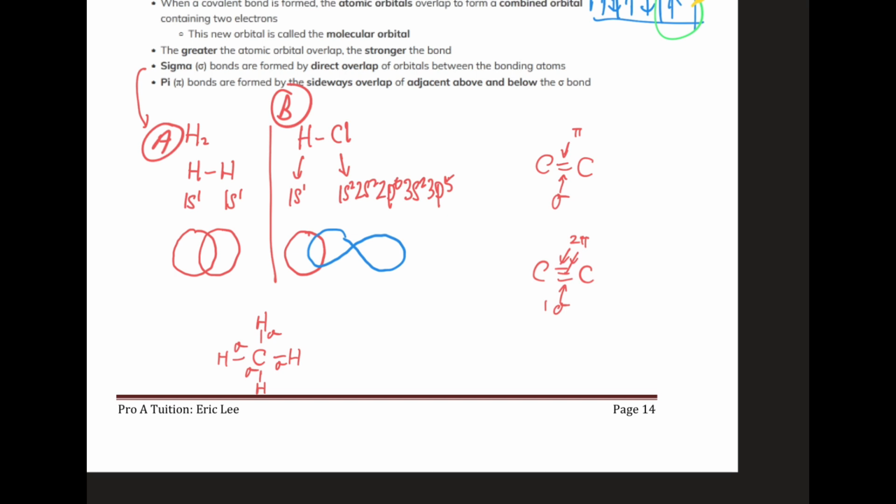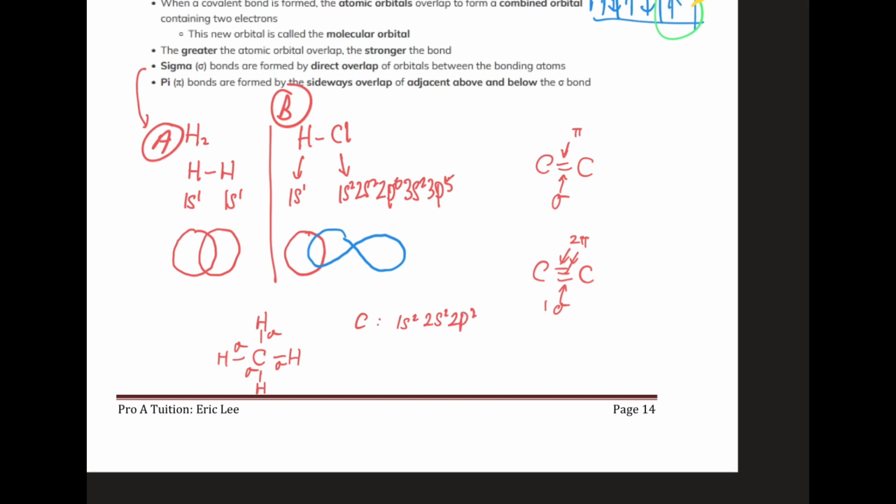And maybe you are wondering, is carbon having 4 sigma bonds? Because to form 4 sigma bonds, carbon should have 4 unpaired electrons. So let's see carbon. Carbon is 1s2, 2s2, and 2p2.